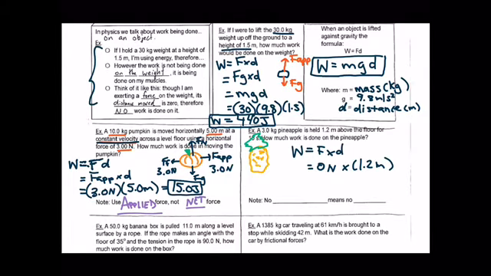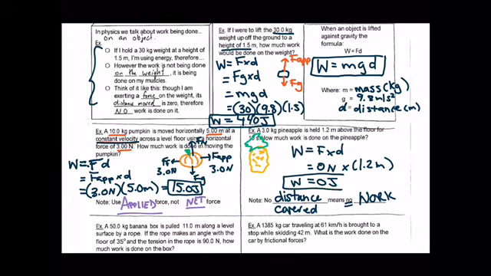If you're just holding something, you're not actually lifting it up or anything, there's no work actually being done on it. So since there's no actual distance covered to move it, that means there's no work that happens. So it's 0 joules for the work that's done.